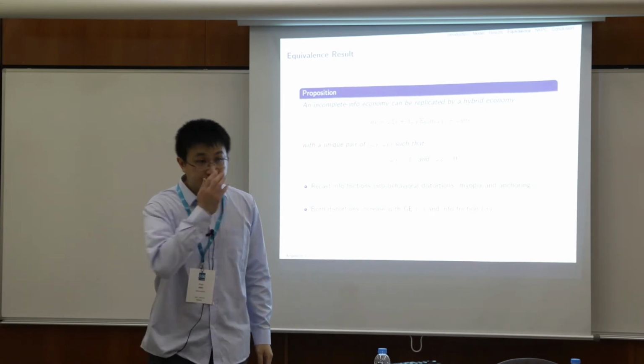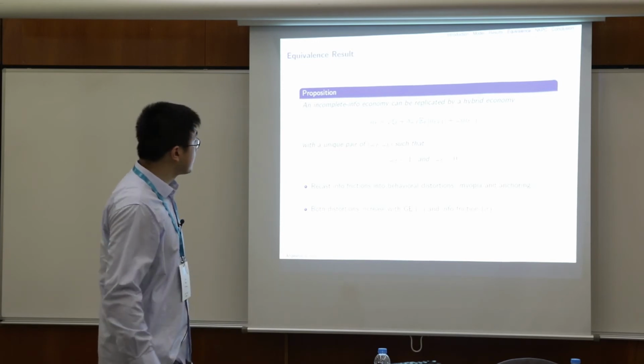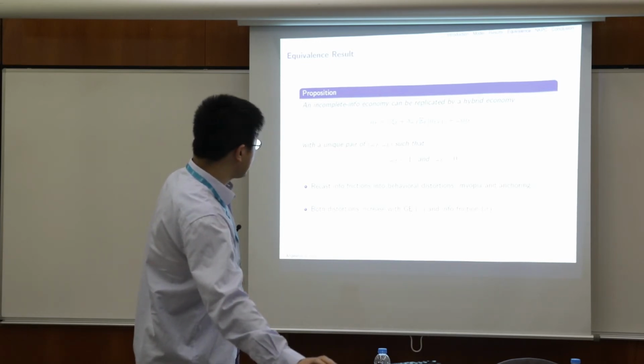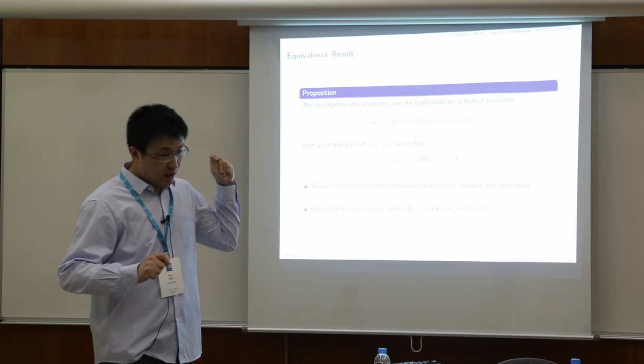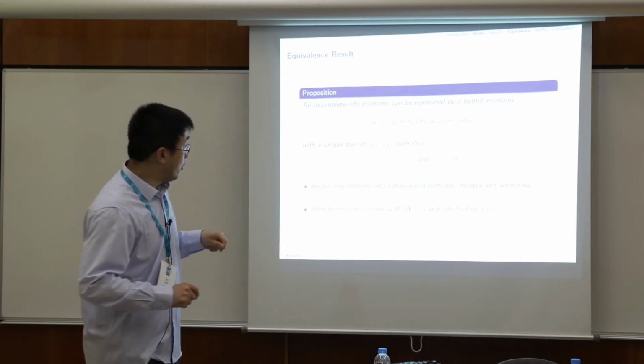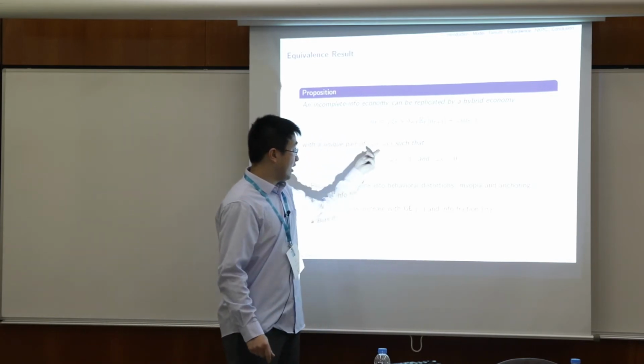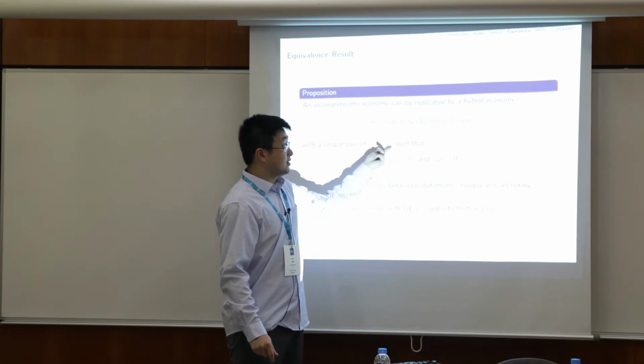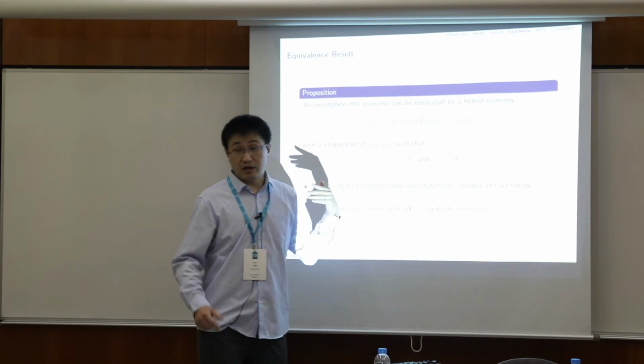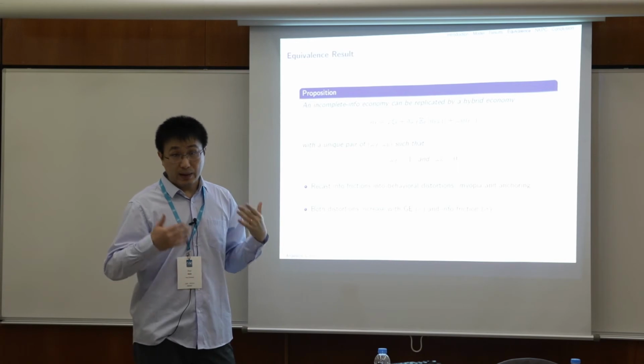Okay. So the bottom line is you start with the incomplete information model. You can always find this pair omega f and omega b such that the outcome is going to be the same as if you lived in the representative agent hybrid economy.